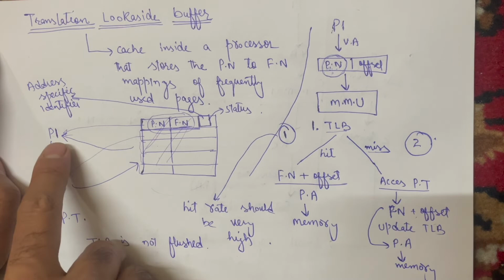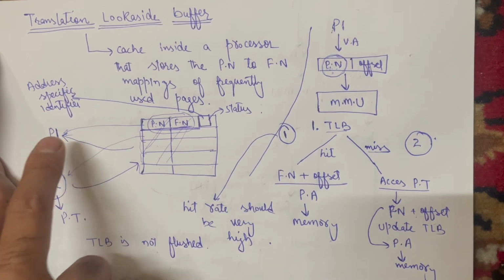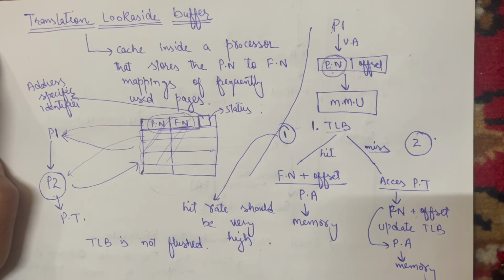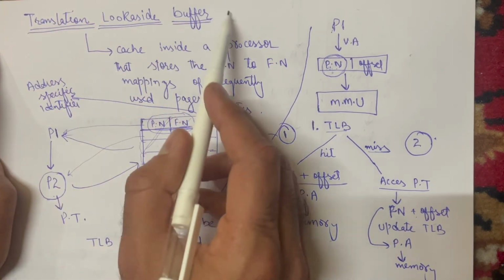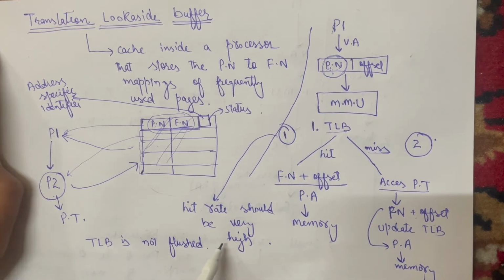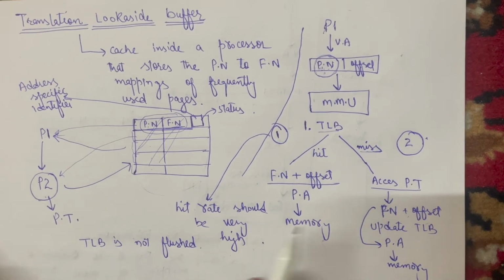In that scenario, when we make a context switch, we don't have to flush the TLB. So this is all about the TLB and how it is useful in improving performance when accessing the memory.